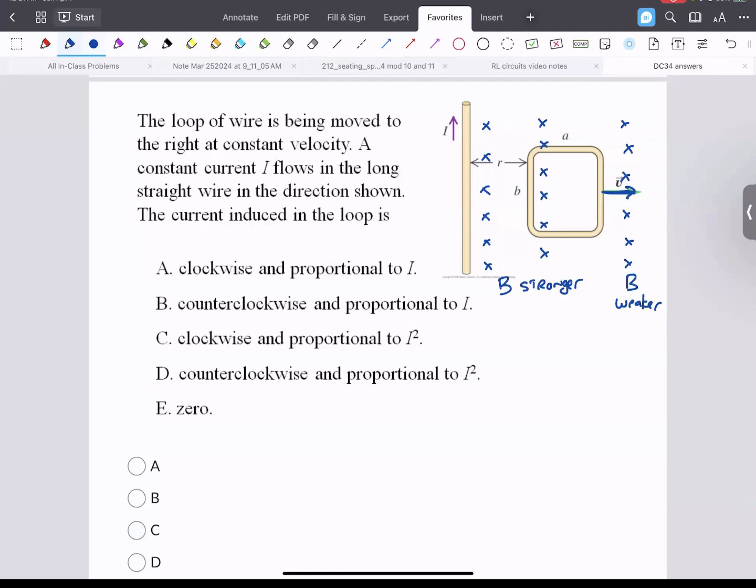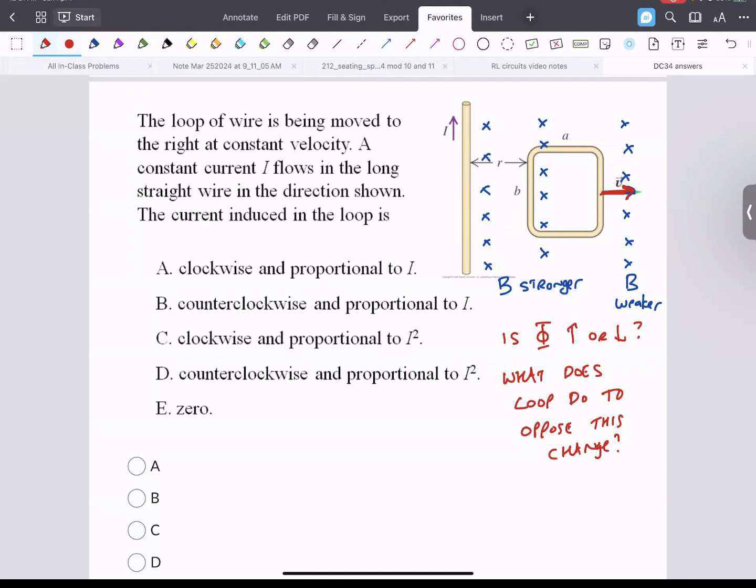So as you're moving the loop away from the wire, is the magnetic flux increasing or decreasing? And what does the loop do to oppose this? That'll give you a direction for it.